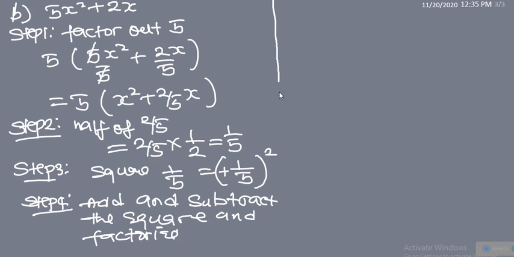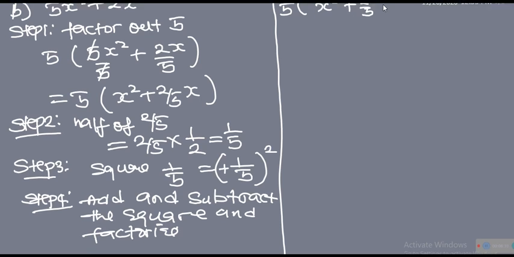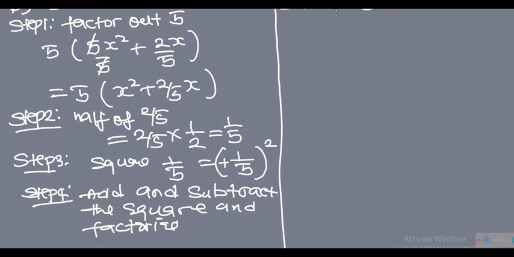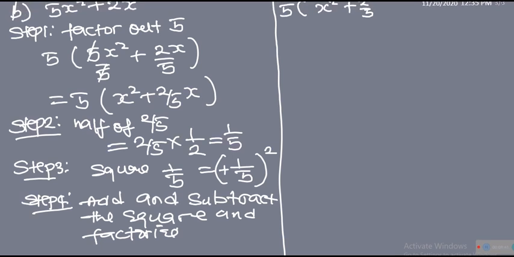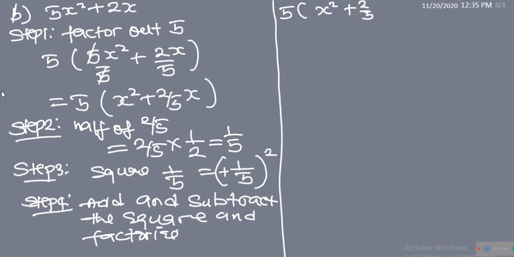So if we follow that, guys, from step 1 we have our x squared plus 2 over 5x. This is what we have there.